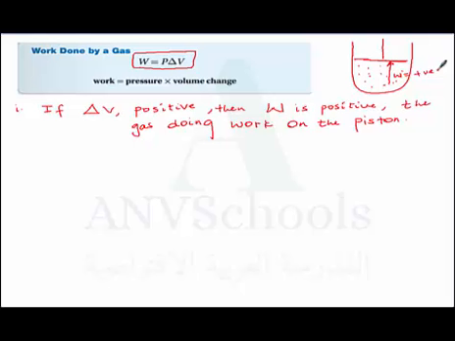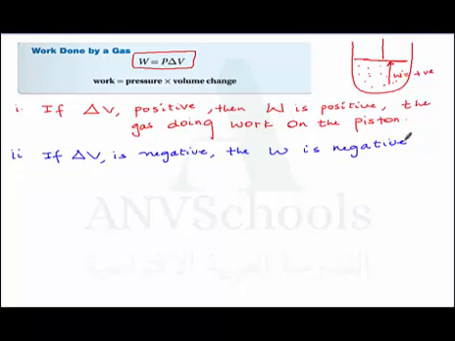That's the first case. The second case is when the gas is contracting, or the volume is decreasing. If the change in volume is negative, it means the volume is decreasing. That means we will have a negative work done.